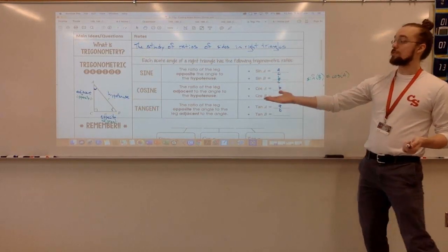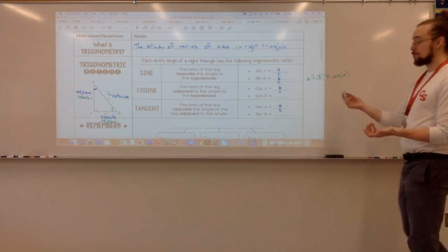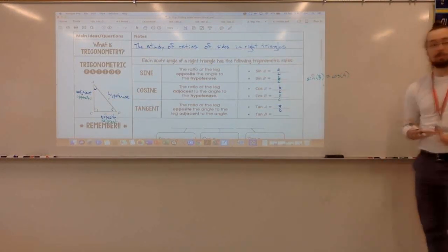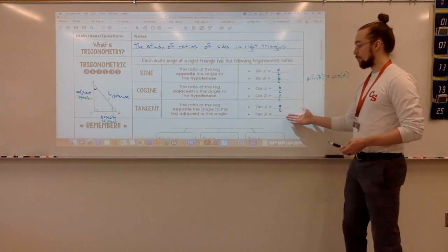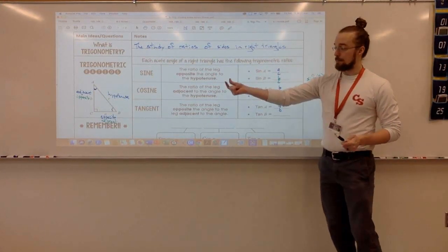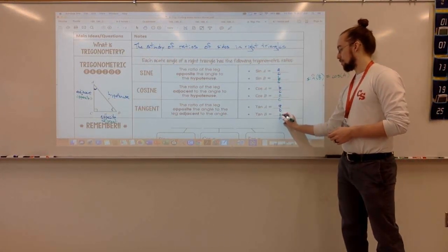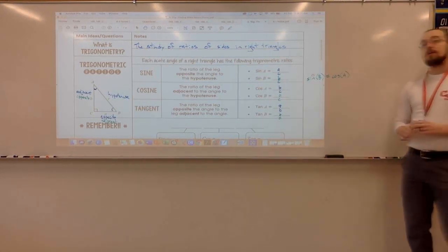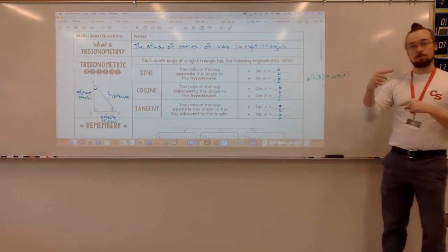So then for the cosine of B, cosine is the adjacent side over the hypotenuse. So in this case, for angle B, that's going to be A over C. And then for the final one, for tangent of B, opposite over adjacent is going to be B over A. So for tangent of the two angles, it's just the reciprocal of itself.